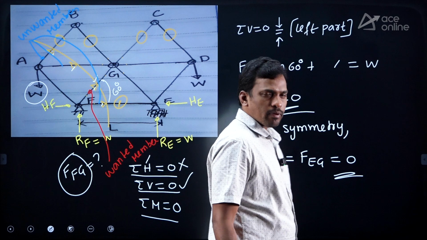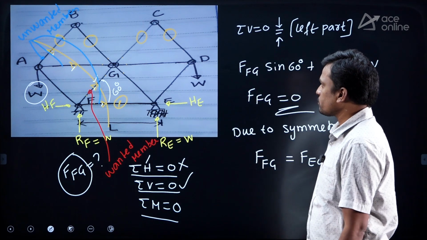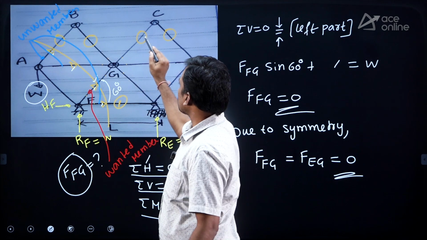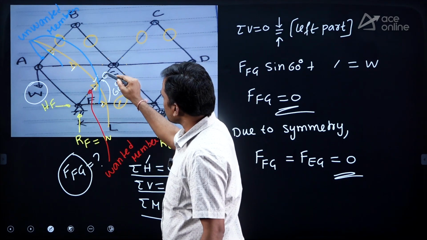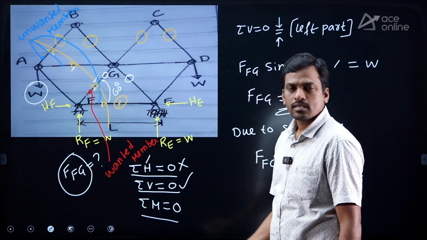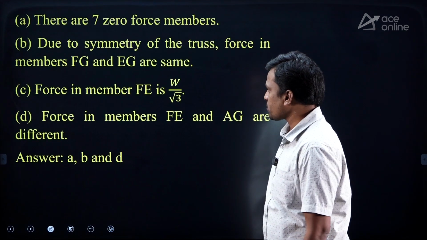Now tell me students, how many zero force members in total? Already we got 5: 1, 2, 3, 4, 5. Now the force in these two members is also 0. So the total number of zero force members is 7. Then option A is correct.